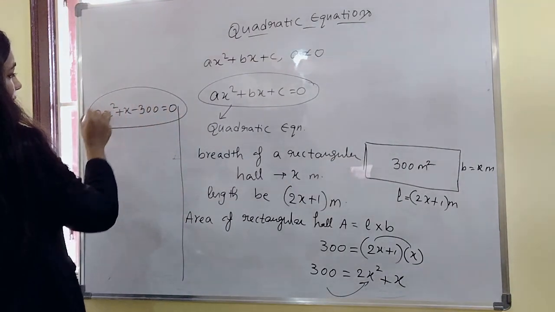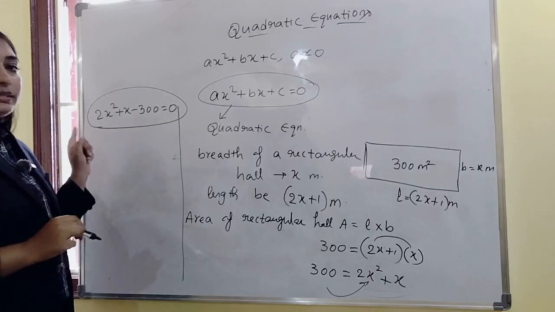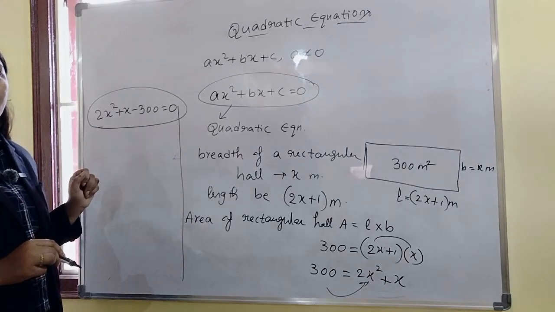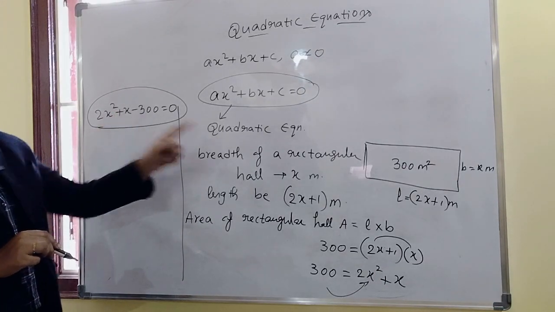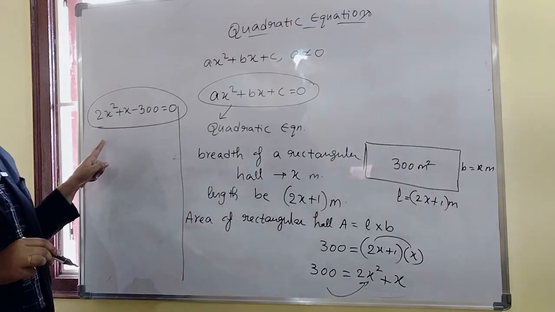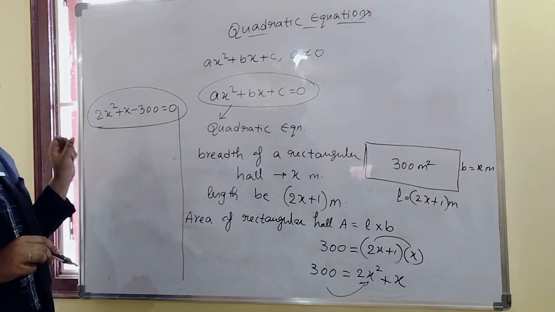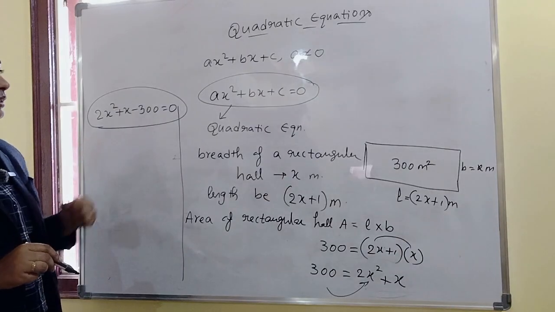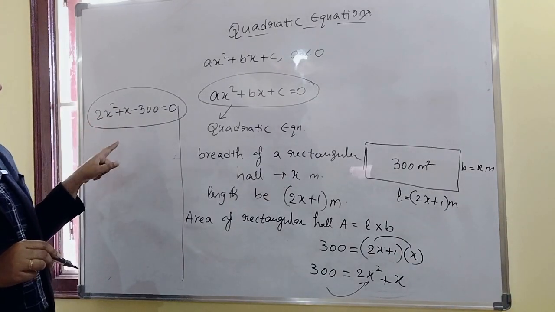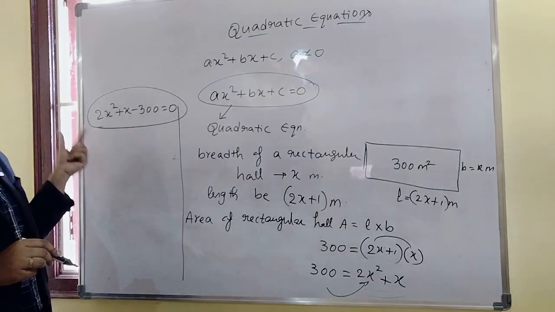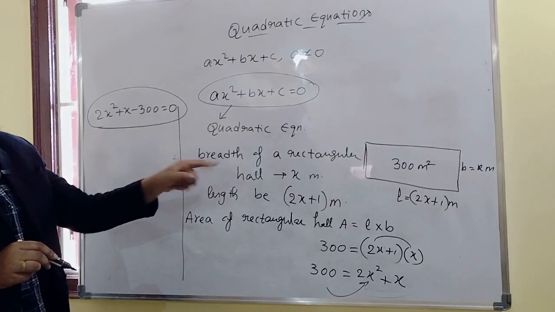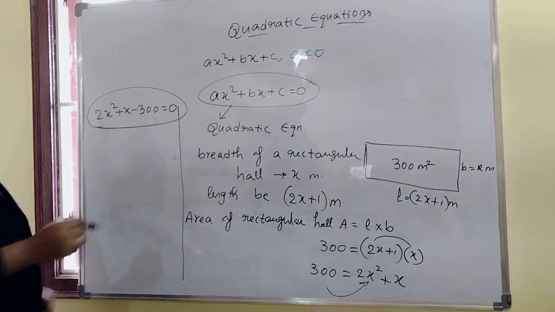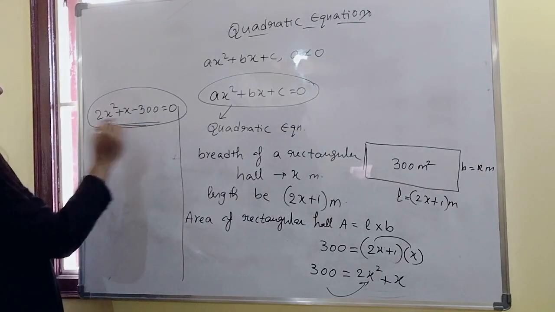Look at this equation. This is in the form of a quadratic equation. The breadth of the rectangular hall will satisfy this equation. Is it clear? We will learn how to solve quadratic equations further. If we solve this quadratic equation, we get the values of x. That will be the breadth of the hall. Is it clear?